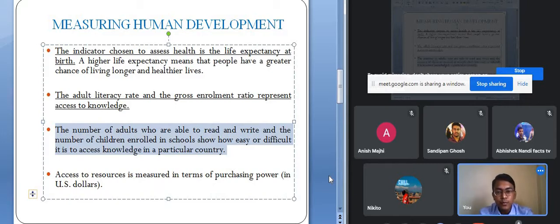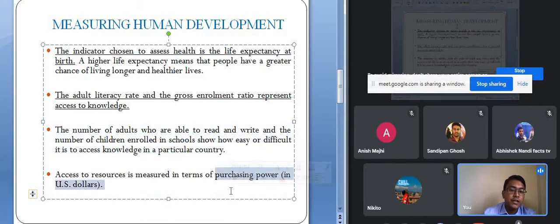So in order to measure access to health facilities, we take into consideration life expectancy, and to measure access to education facilities, we take into account the adult literacy rate and the gross enrollment ratio. In order to measure access to resources, we take into consideration the purchasing power of the people in US dollars.